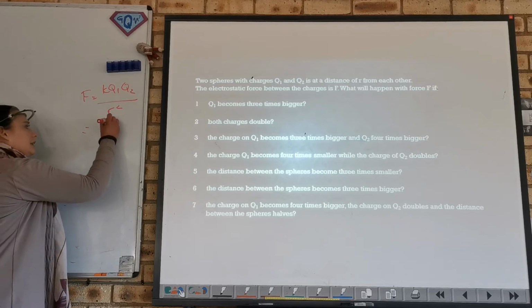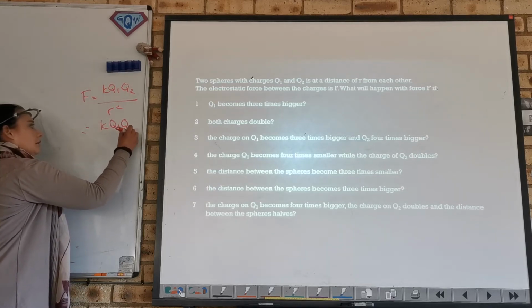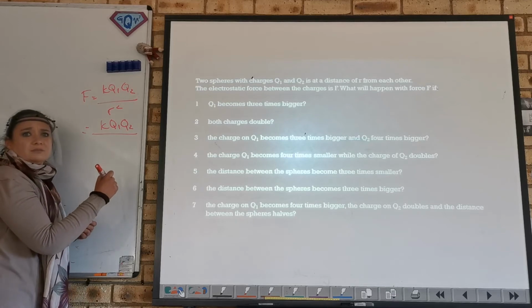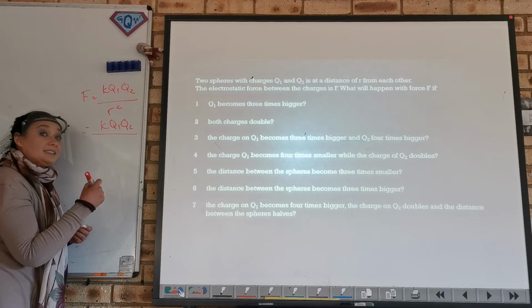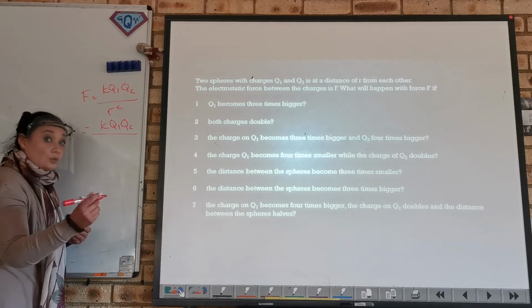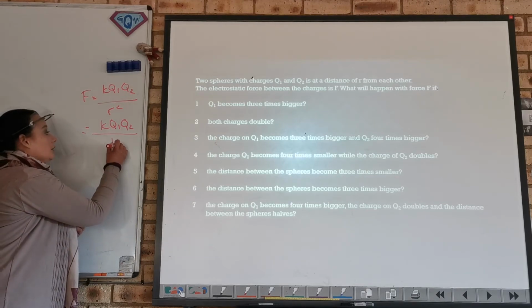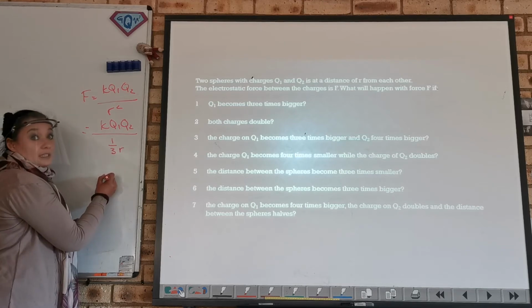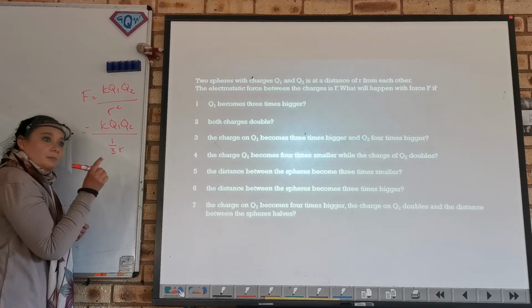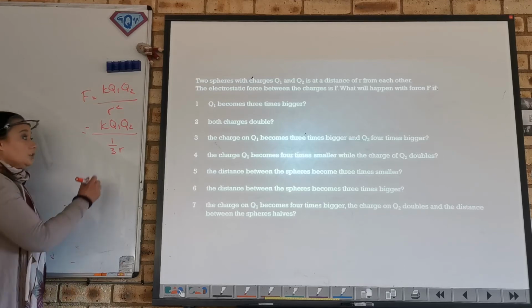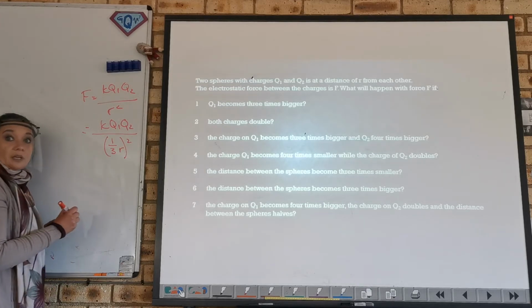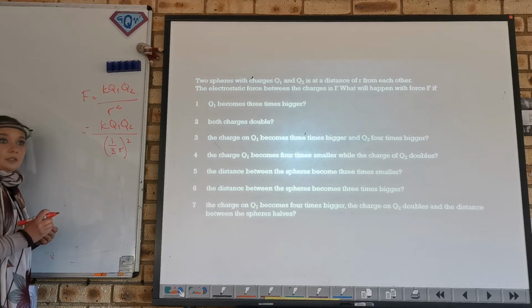So I'm going to plug in a fraction. 3 times smaller would mean that it is multiplied by a third. Do you agree? Yes. So it's now a third of r. My problem here is that the value for r needs to be squared, which means this whole thing must be squared.